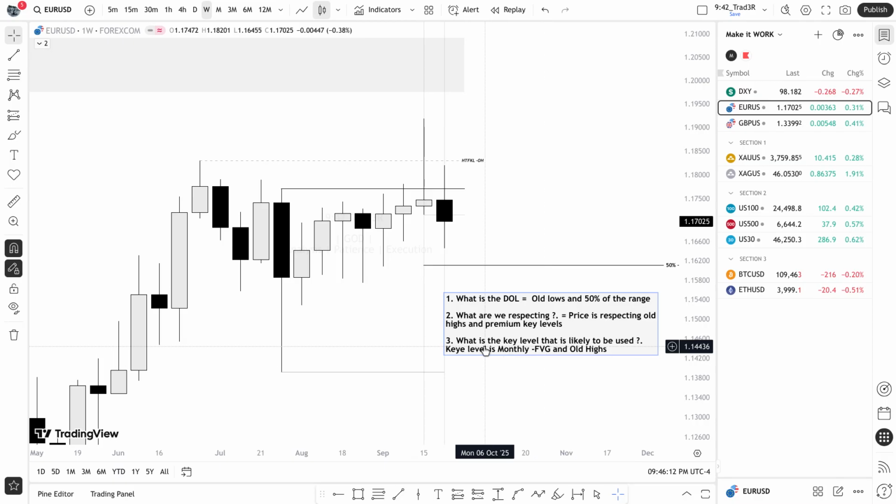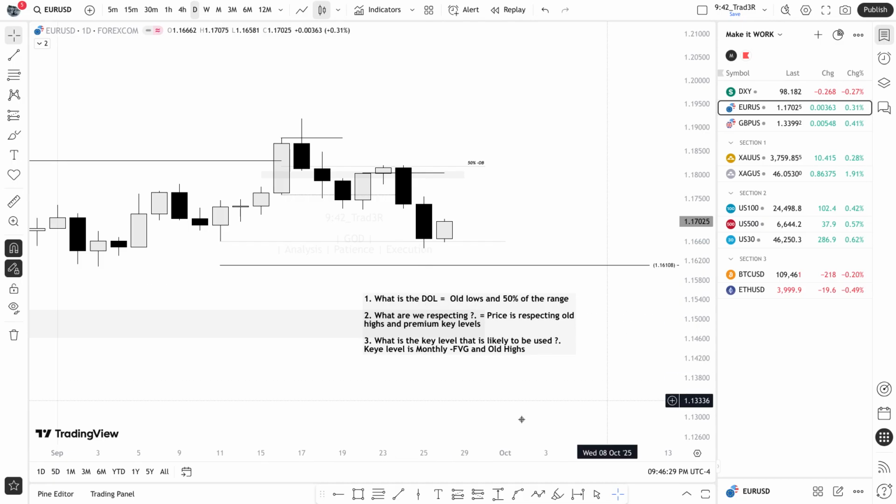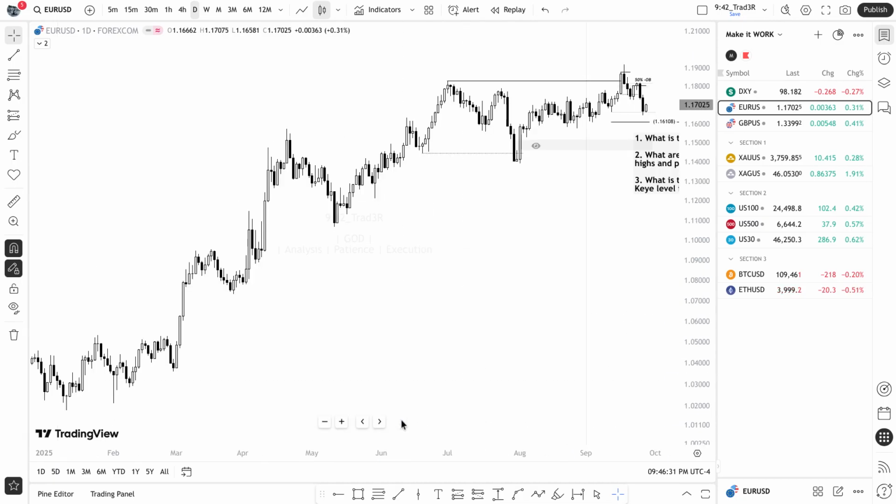So on the weekly chart, I've also answered these three questions, and I have explained to myself these three questions on the weekly charts. So moving to the daily. Now on the daily, the same thing applies.